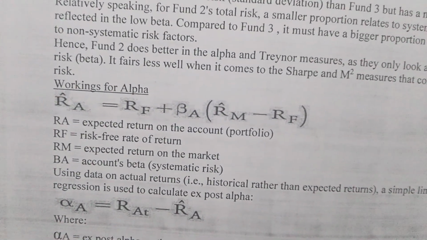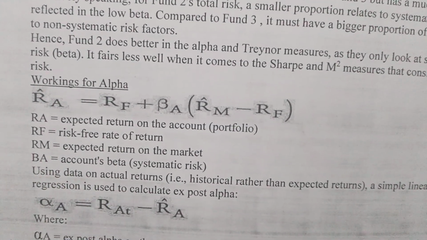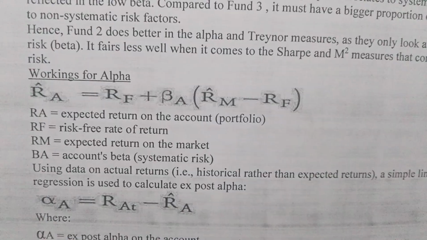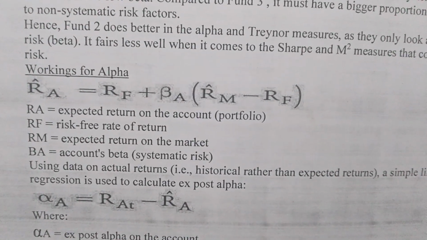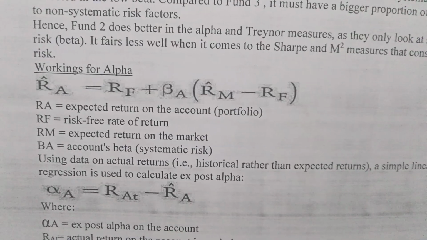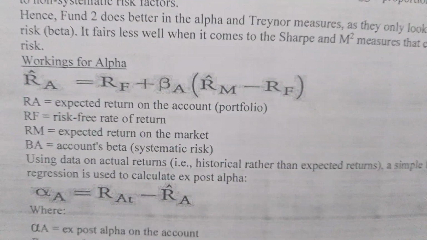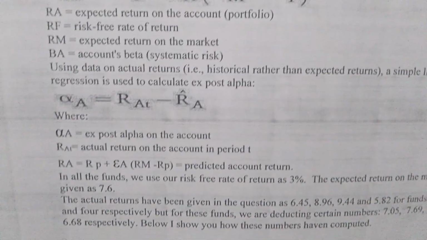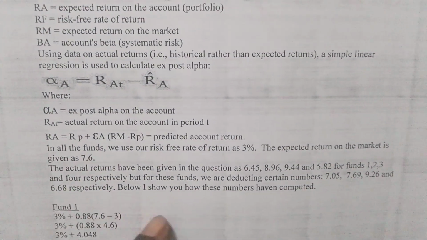Workings for alpha. What you'll be doing is that you'll be taking the risk-free rate and then you plus the beta factor into brackets. Then you take expected return on the market and then you minus the risk-free rate, and then we have explanations down here.